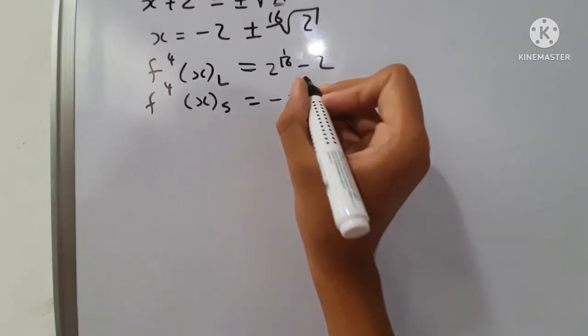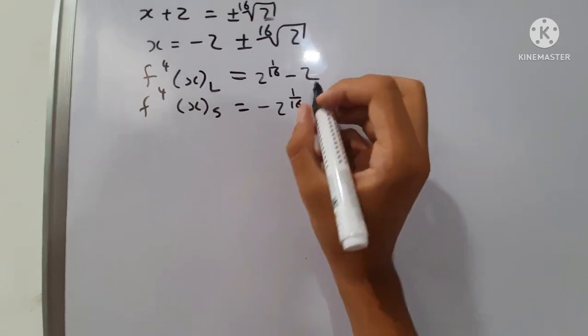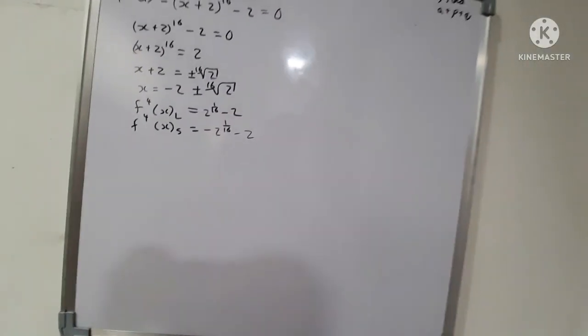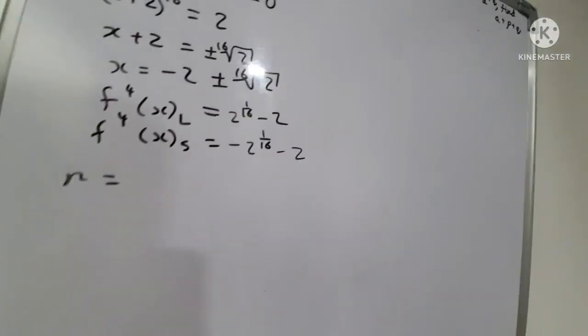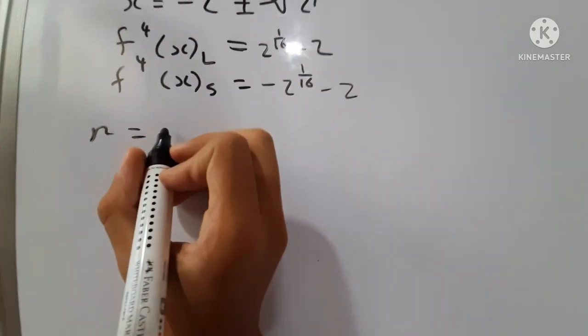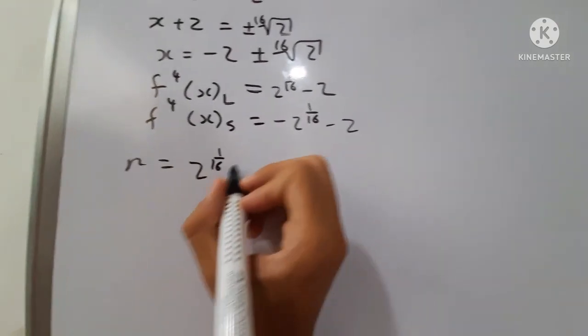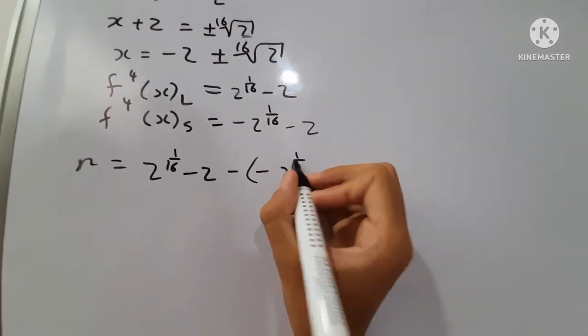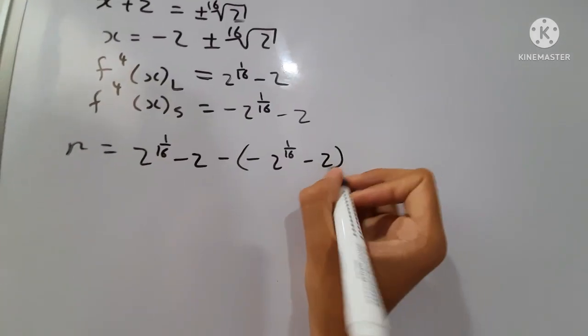We'll write that as minus 2 to the 1 upon 16 minus 2. So r is not that tough to calculate from here. We get 2 to the 1 upon 16 minus 2, minus, minus 2 to the 1 upon 16 minus 2.